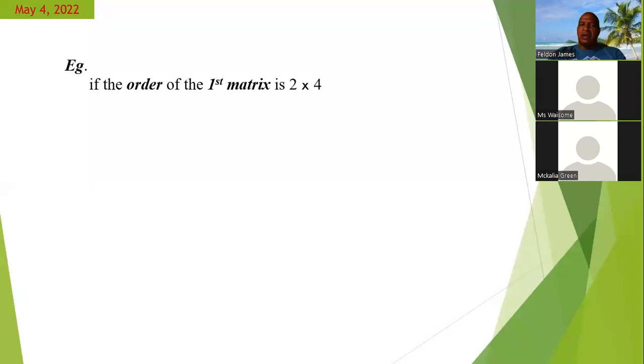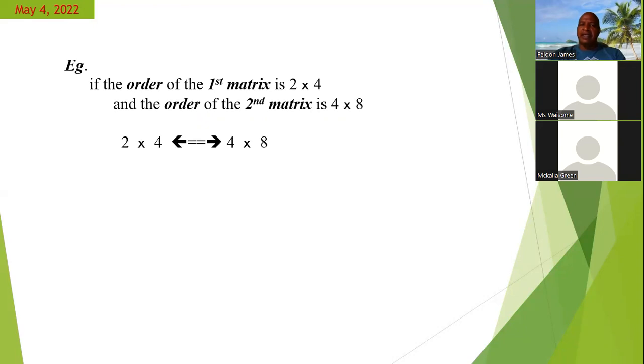So if we have one matrix of 2 by 4 and the other one is 4 by 8, if you look at the order, the column of the first matrix is 4, and for the second matrix, the row is also 4. So these two matrices can be multiplied because the column in the first matrix is the same as the row in the second matrix.